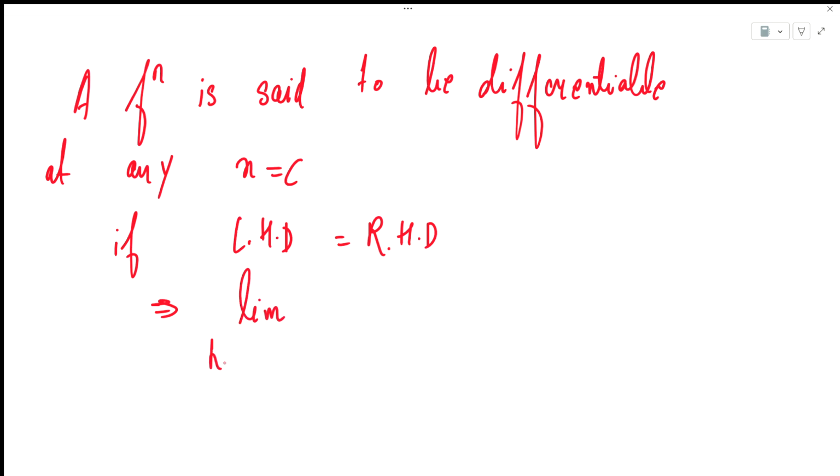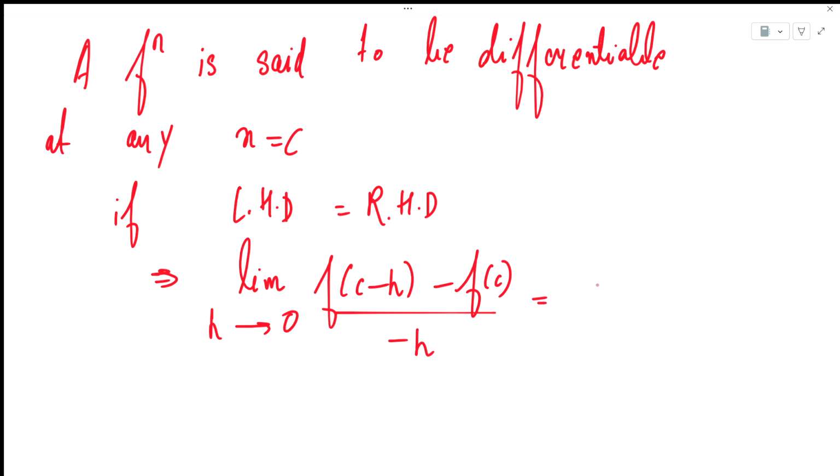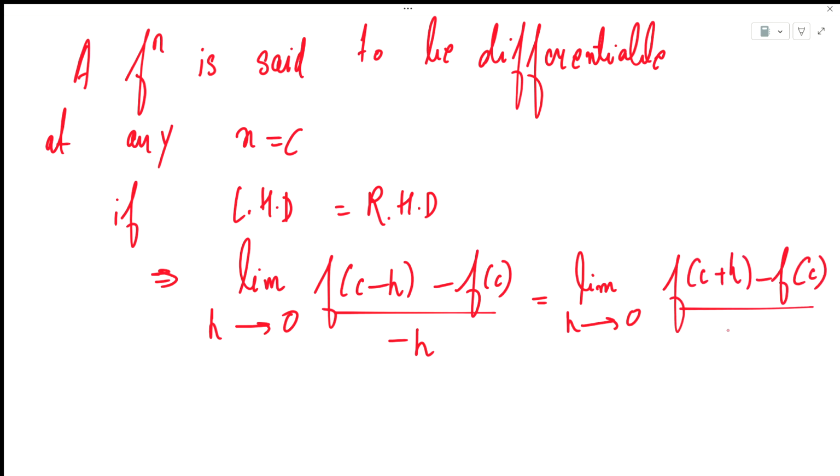Remember the formula for left hand derivative: limit h tends to 0 of f of (c minus h) minus f of c upon minus h, and right hand derivative is limit h tends to 0 of f of (c plus h) minus f of c upon h.